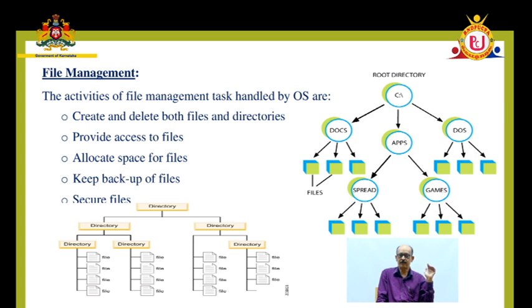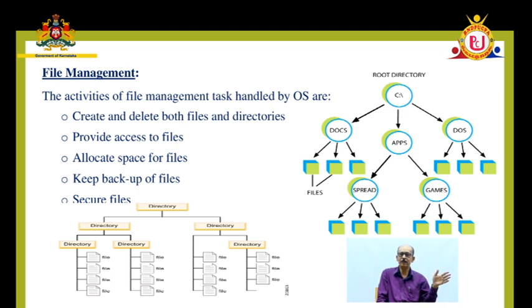The operating system has to maintain the tree model. You can see a root directory, subdirectories, under that so many subdirectories, and then files. It's an upside down tree. It has to maintain that order. It can be a Windows environment or any other environment. Even in the Unix operating system, this type of file system will be maintained.